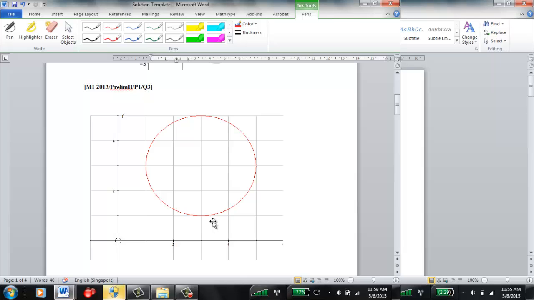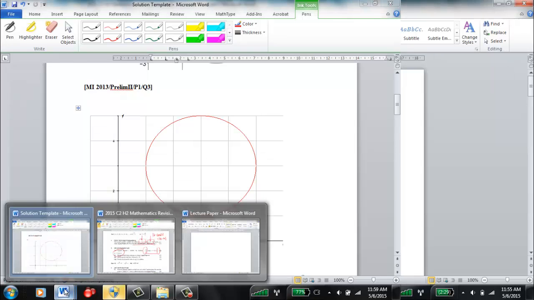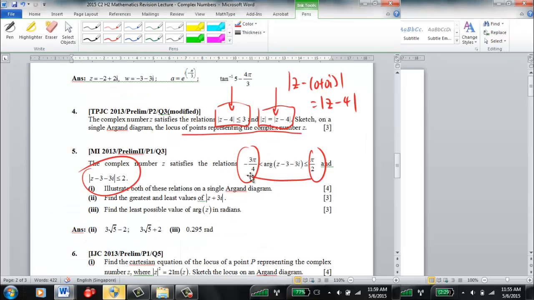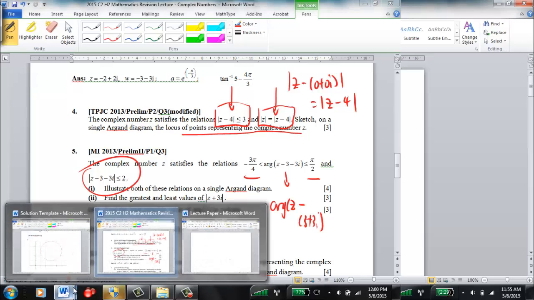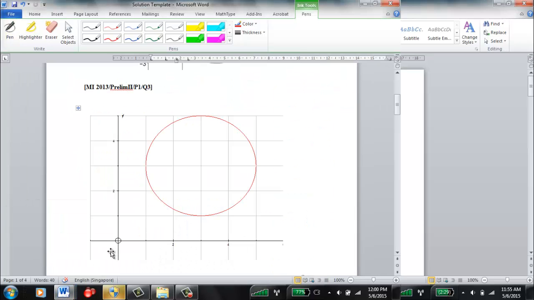He wanted pi over 2 and 3 pi over 4. Take note, this is the same as argument z minus 3 plus 3i. Okay? So let's identify where is my argument 3 plus 3i.